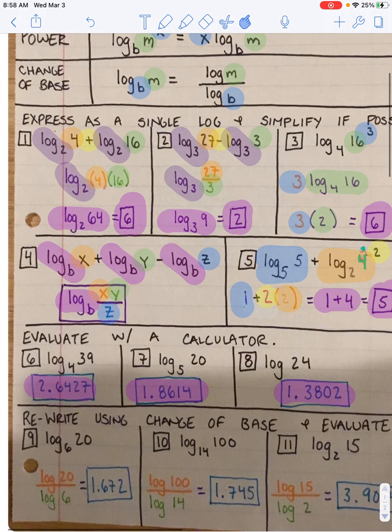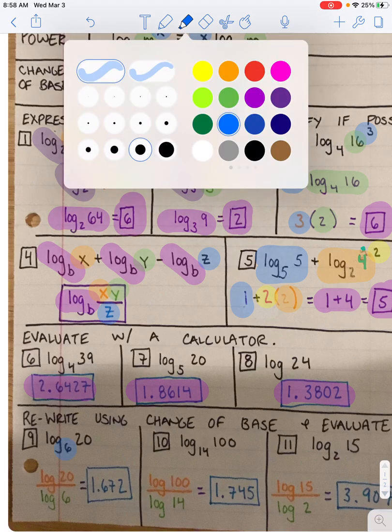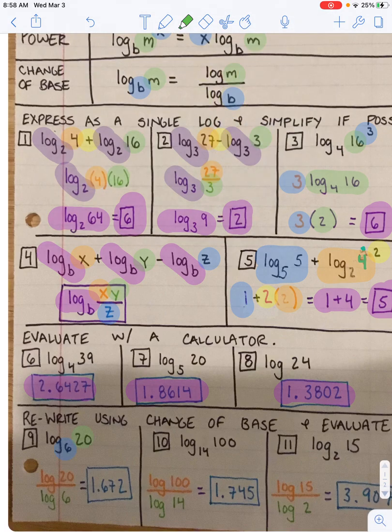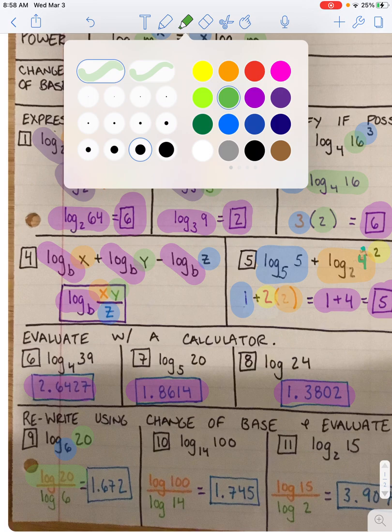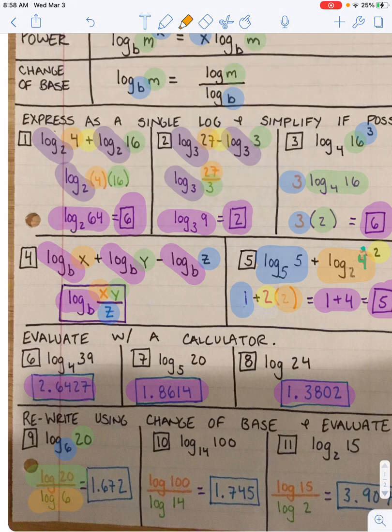In this case, we have the log base 6 of 20. We write that as the log of 20 divided by the log of 6. This would be a situation where, if you didn't have a calculator that allowed you to plug in the base, you would have to do this. So let's do change of base first, and then we'll plug them in all at once.